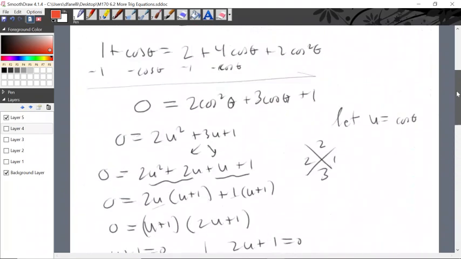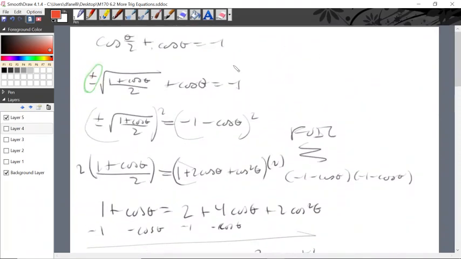Okay, so what we can take away from that is, one thing is, we don't necessarily know at the beginning of a process whether we're going to run into extraneous solutions or not. We don't necessarily know, for example, which identity we should use. Should I use double angle? Should I use half angle? I might say that in my experience, I'd prefer to use the double angle rather than the half angle.